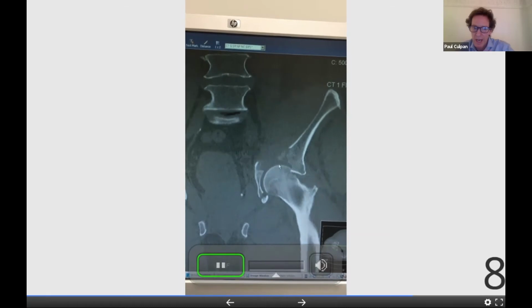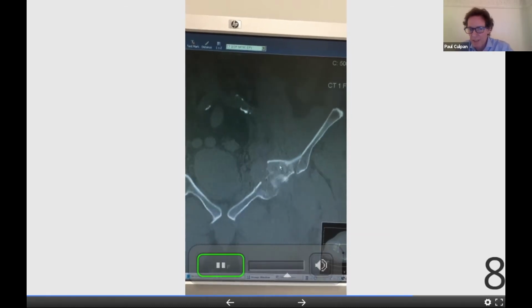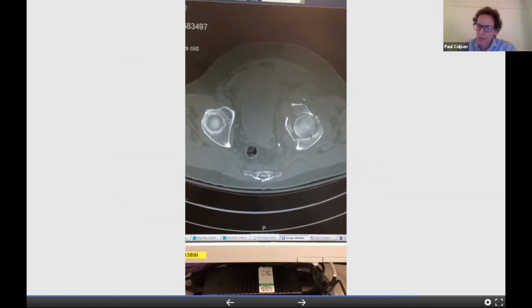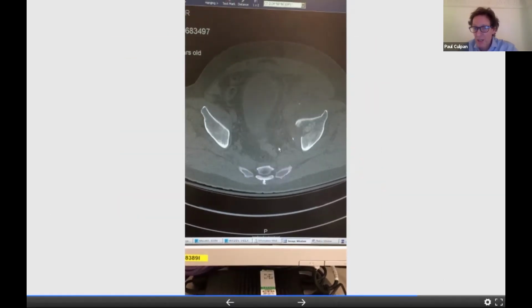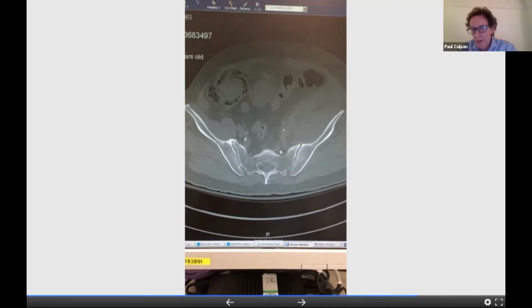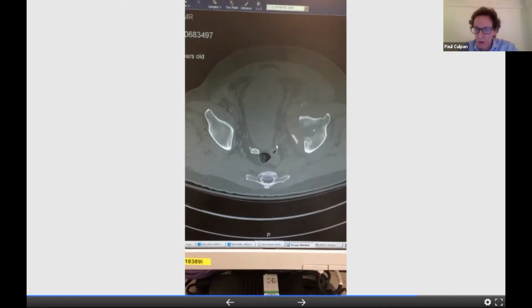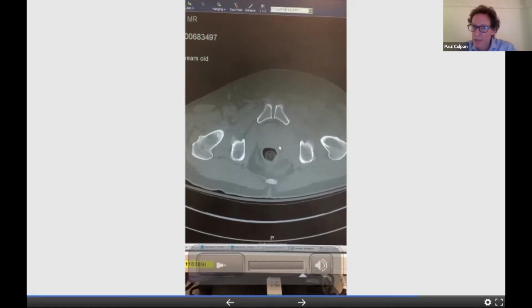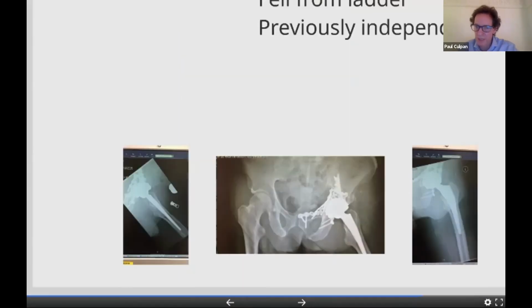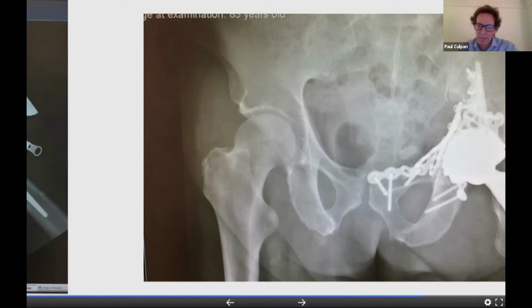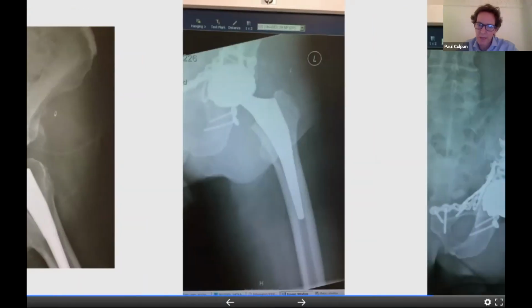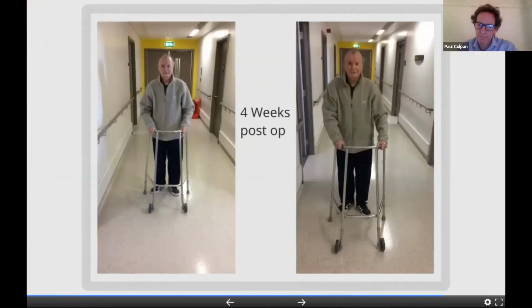So it's affecting both columns, and actually, if I just show you a snapshot of the axial view, you can see that impaction into the posterior column, which is entirely inaccessible through an anterior approach with regards to how one can fix this. So this fracture would be expected to do extremely badly, and fix and replace really worked as a very nice option for him.